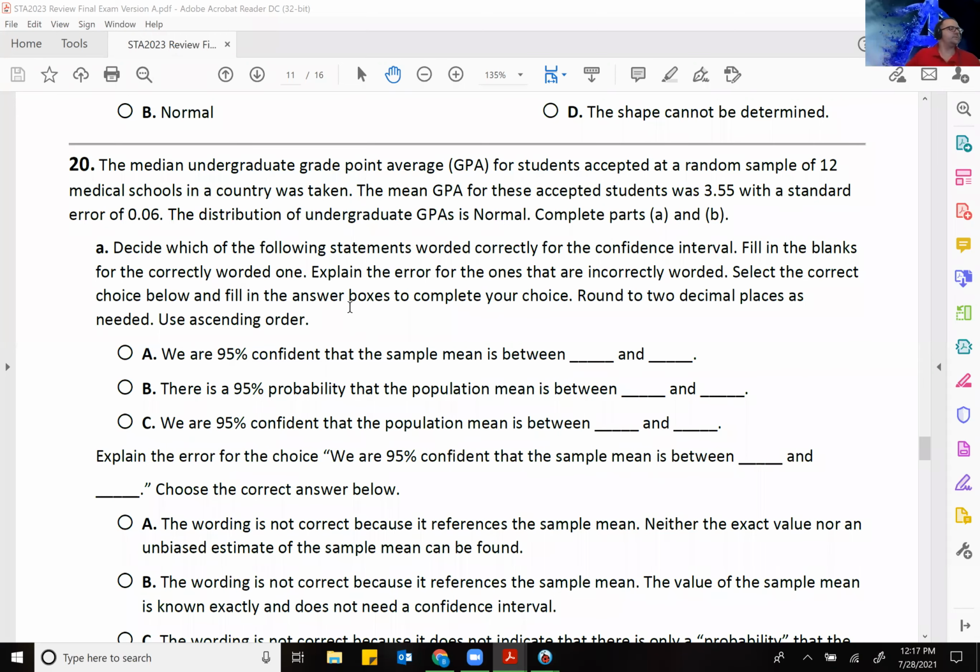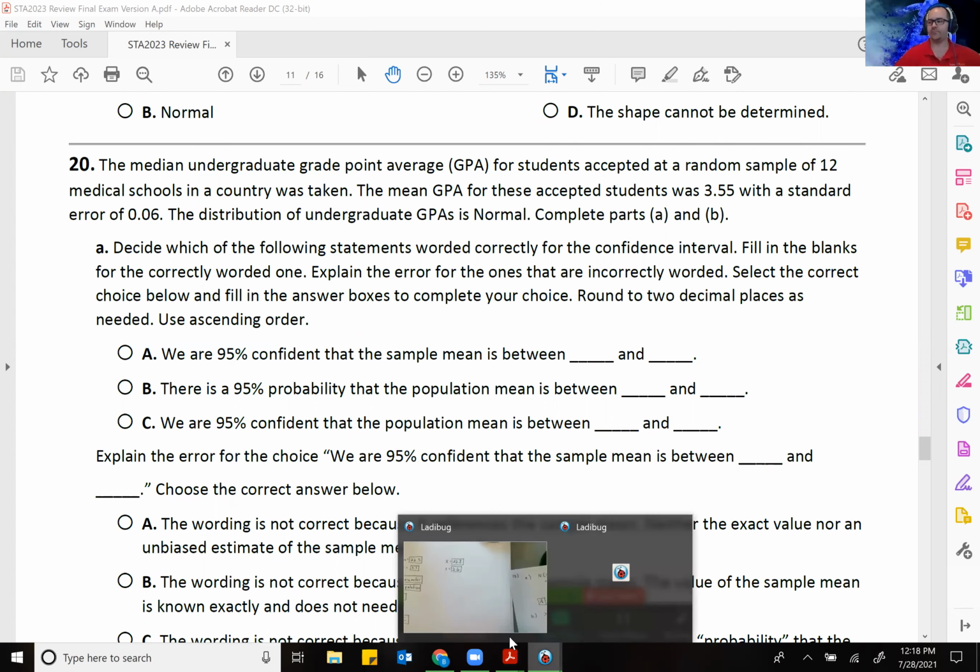Okay, so you know the standard error, you know your confidence level. Our confidence level is 95%. Our formula for doing this looks like this. Let me switch my view here.